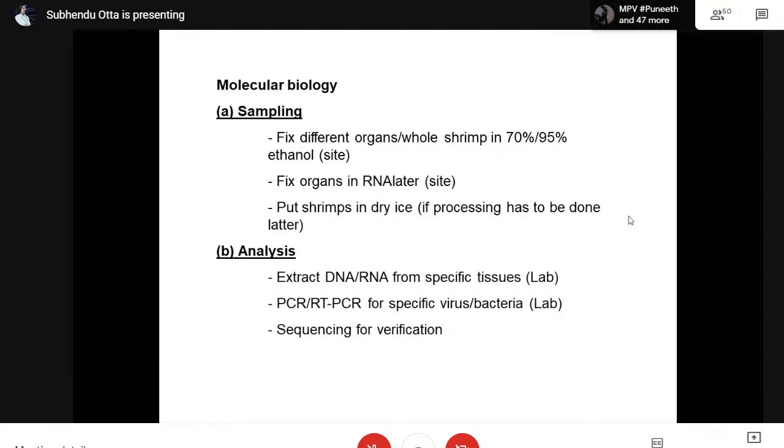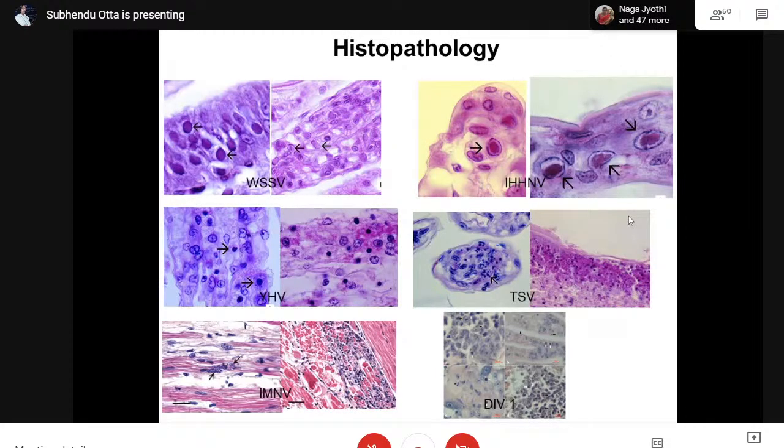Or if you are getting the samples from a far place, you can put them in dry ice, transport to the lab, and then process further. You can extract DNA or RNA, and depending on what you want to do, PCR or real-time PCR, or sequencing, you can analyze. So this is coming back to histopathology.